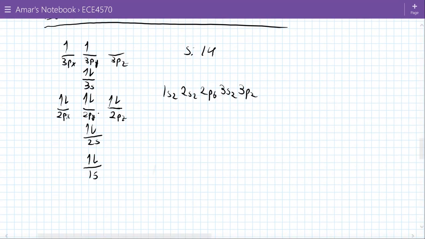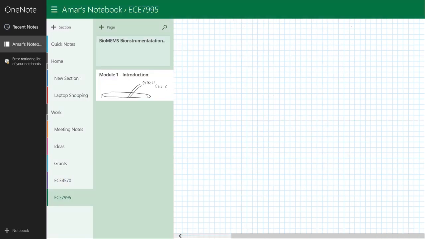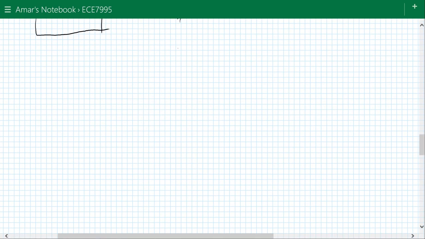And let me just go to this notebook here. Is anyone familiar with the concept of diffusion? What's the law that describes diffusion? Fick's law, right? Do you remember what Fick's law is off the top of your head?